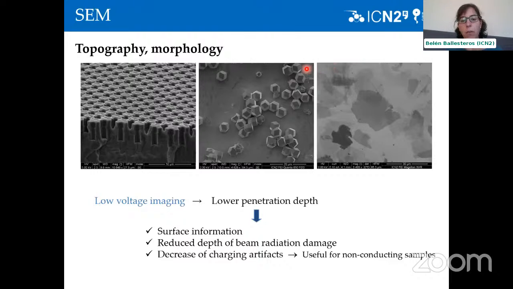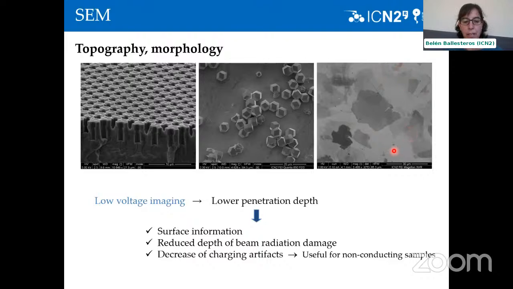And also, if we lower the voltage a lot, the electrons do not penetrate so much into the sample, so we get even more surface information. This is useful to study samples which are very thin, like in this image of graphene flakes. As you know, graphene is just one atom thick carbon layers, and this is really thin, so we could image graphene layers on top of silicon.